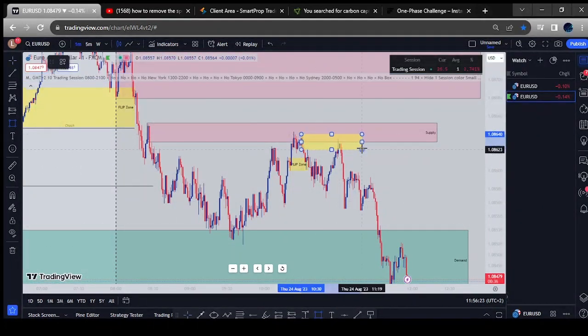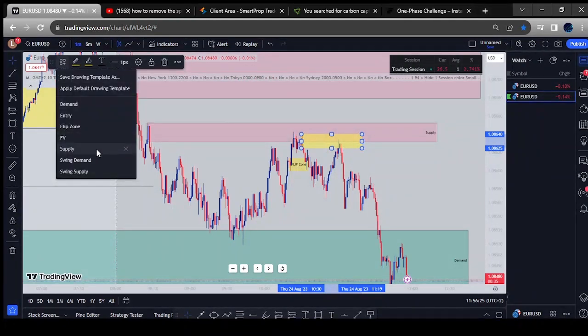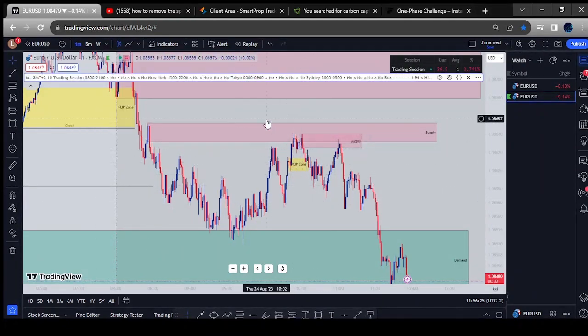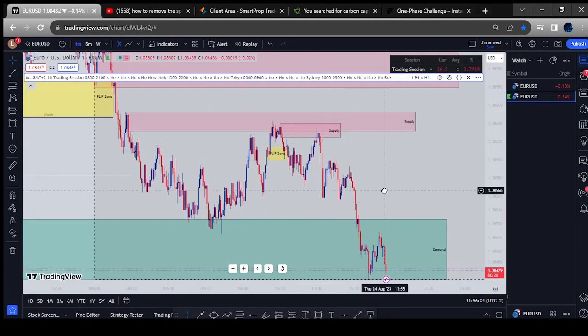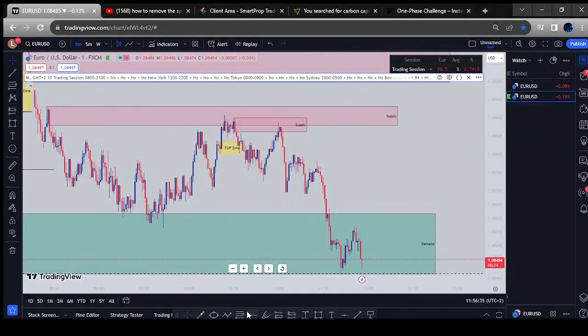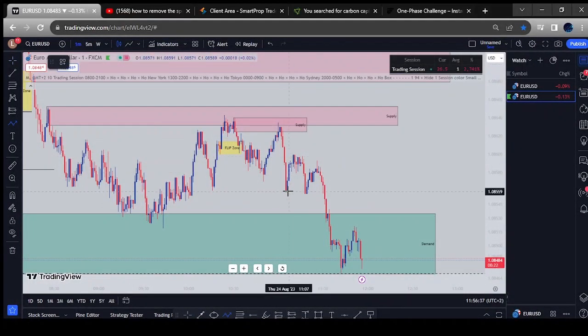So this was supposed to be my entry, because that's the supply that actually took out the demand which was pushing into this supply. Price flew right down, and I wasn't a part of that. But then price gave me another structure, a rally, base, drop kind of supply.